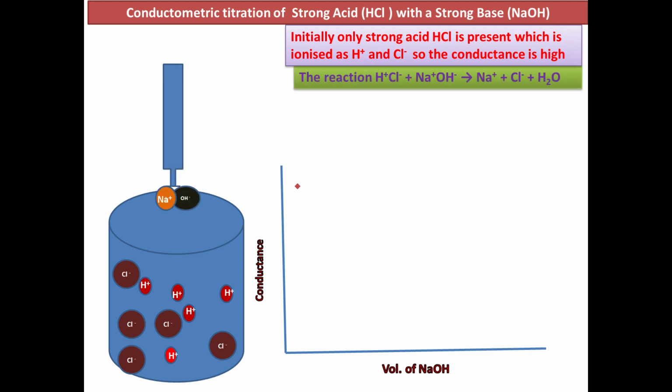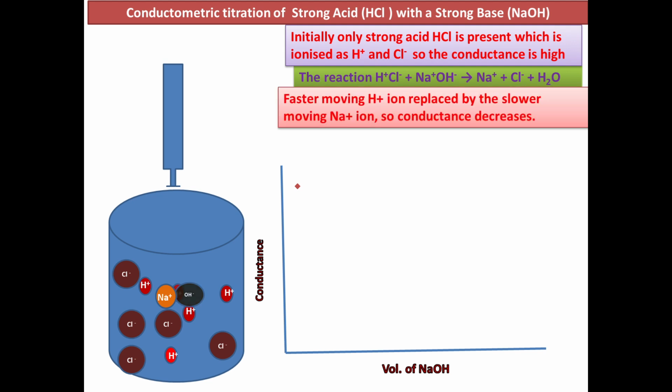As you add NaOH, that is sodium hydroxide, into the solution, NaOH reacts with HCl and there is a formation of water and NaCl. That reaction is known as a neutralization reaction. Here H plus from the solution is replaced by Na plus.